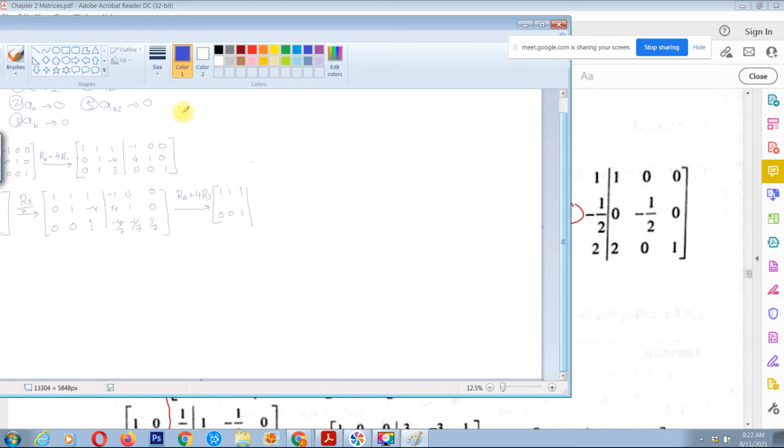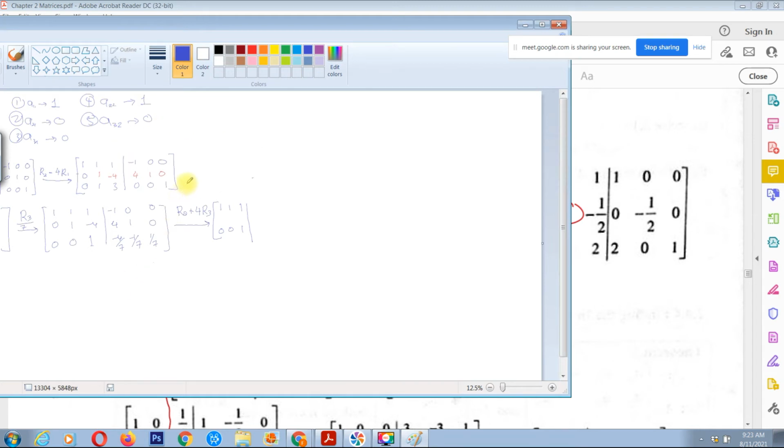If you can see here, before this, I already told you we have an I. So once we make the ERO to find the inverse, it will be I on the left and A inverse on the right. So now here you should make this like this.